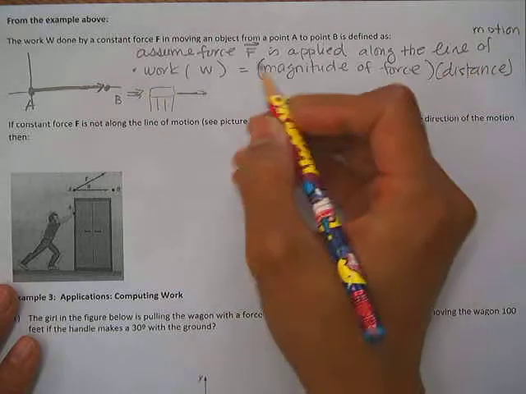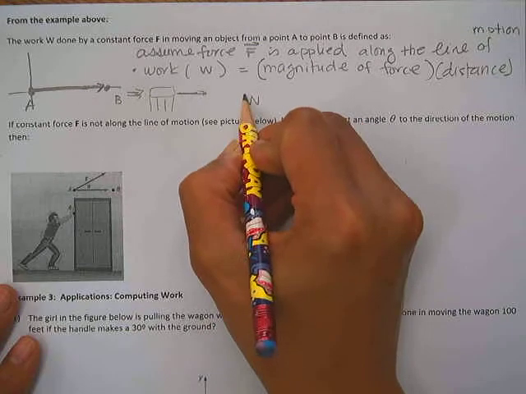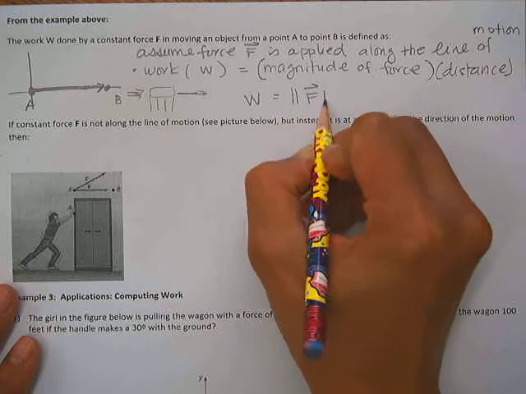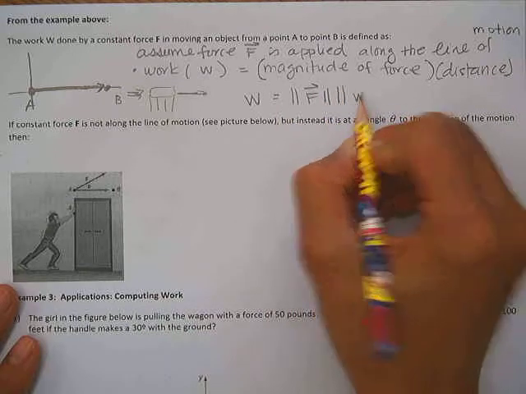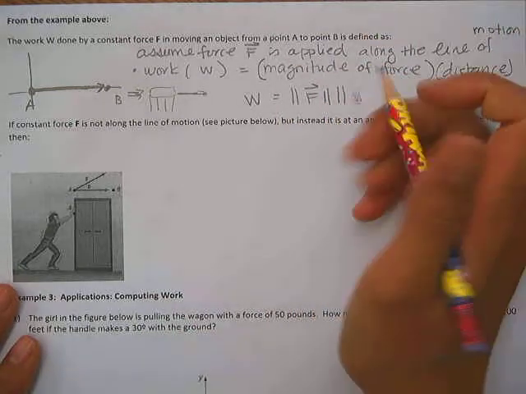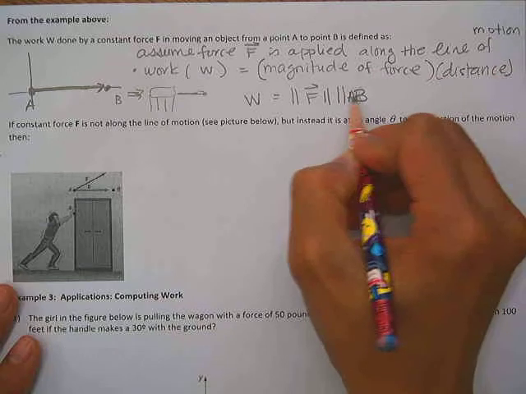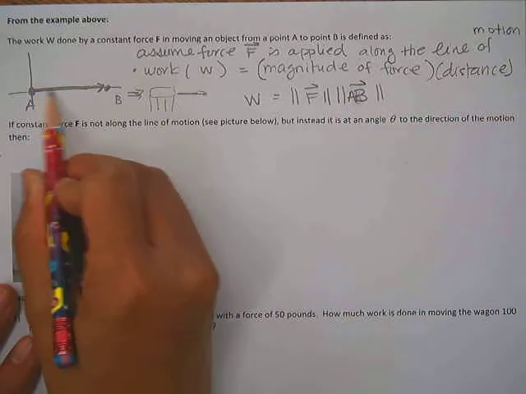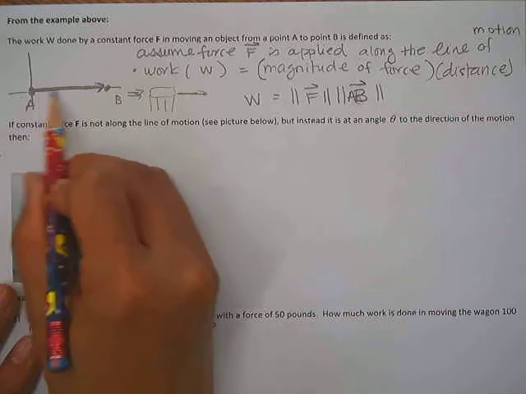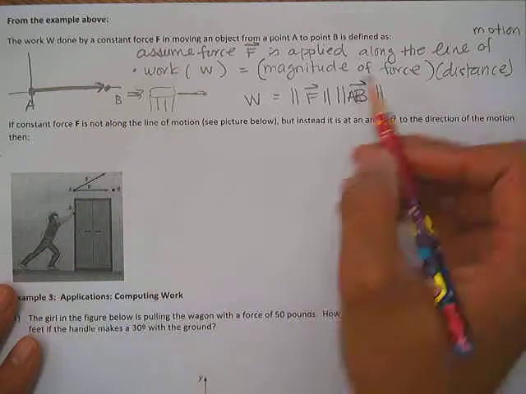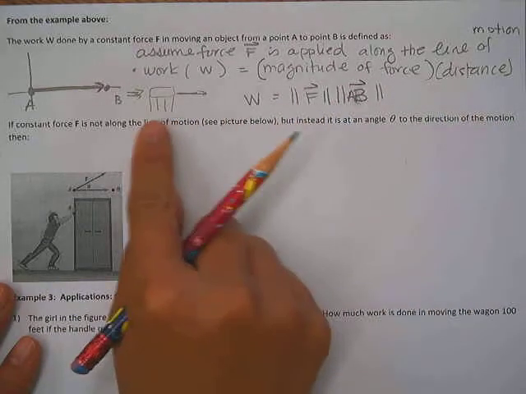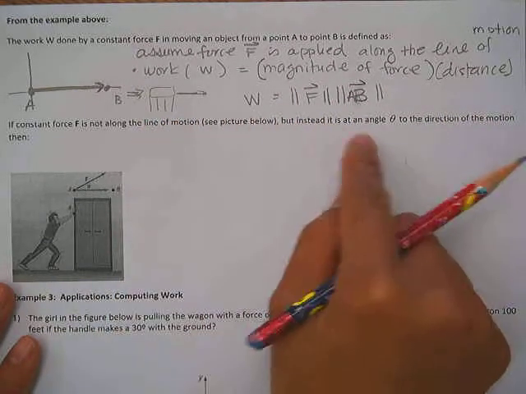So it's going to be represented by a big W equals magnitude of force times distance of AB. And distance of segment AB, here's segment AB, we can find it using the magnitude as well. So that's if we're moving in the same direction as this object.